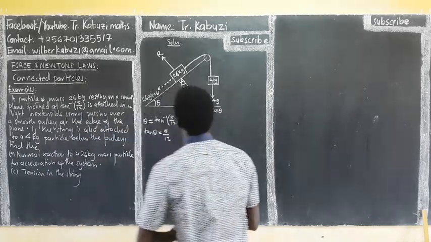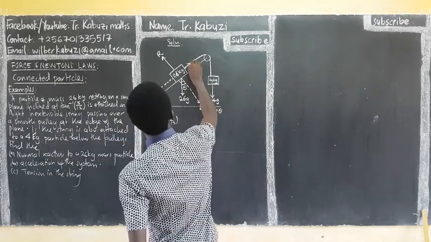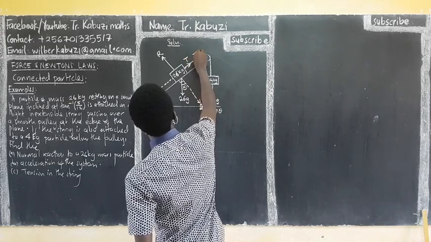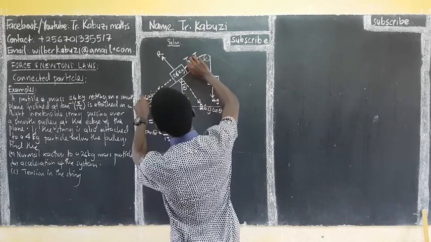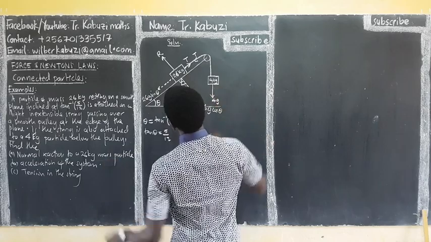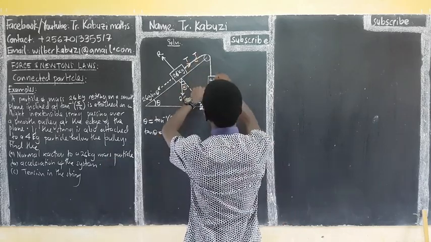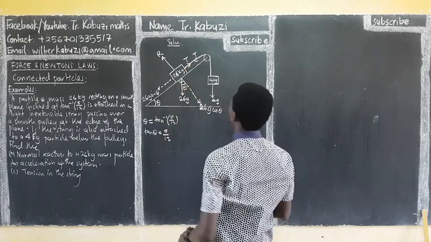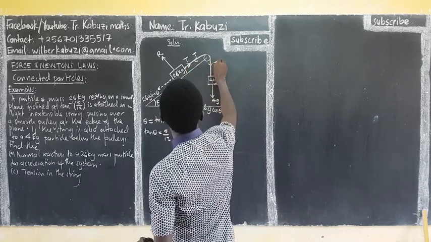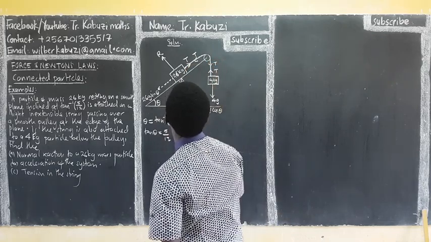Okay, after doing that, there is a tension, some tension in this string pulling it. If you pull it downwards, there is a tension which is going to be resisting upwards. Then, if this particle is going downwards, there is a tension which is going to pull it up also. So, like that.